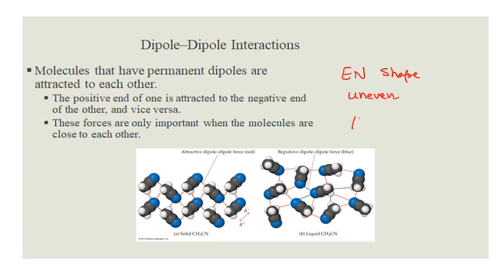For example, in HCl, chlorine is more electronegative, so the shared pair of electrons will move towards the chlorine atom, and the chlorine atom will have a slight negative charge and hydrogen will have a slight positive charge. So the negative part of HCl will be attracted to the positive part of another molecule of HCl. That creates dipole-dipole attraction.